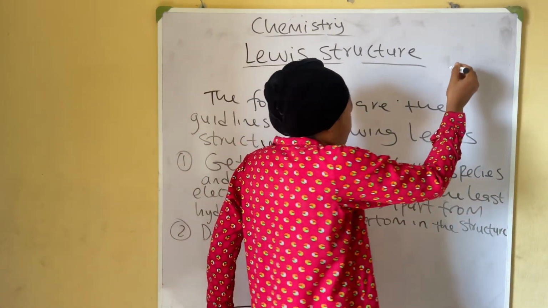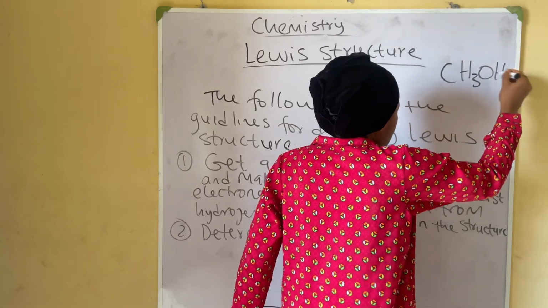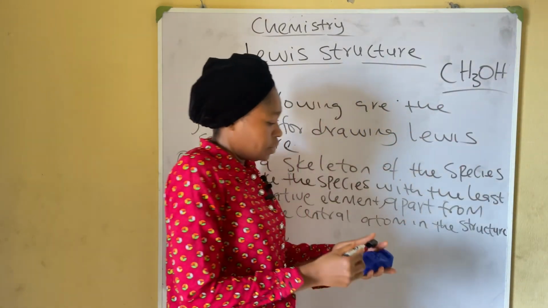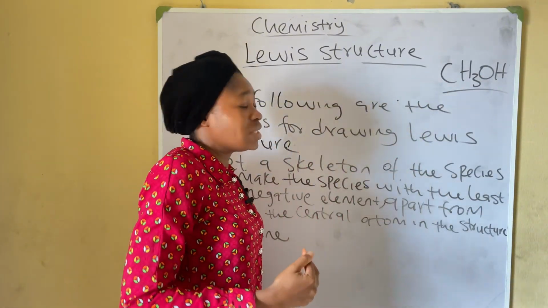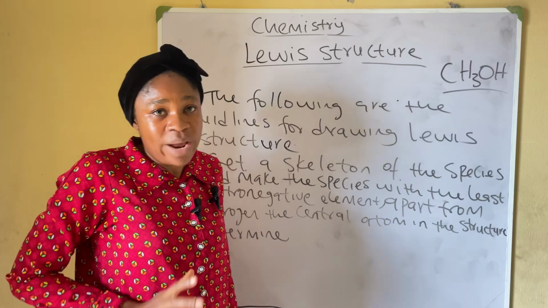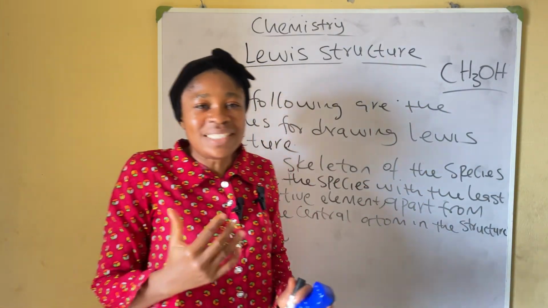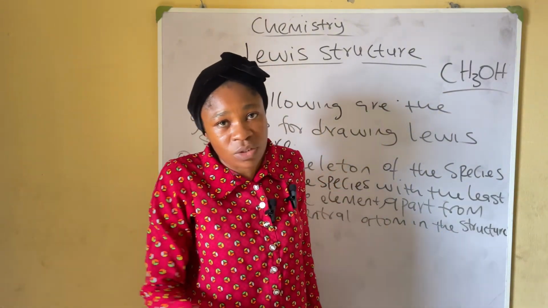Let's take for instance, you have something like this. You want to draw the Lewis structure of this. Apart from hydrogen, you have carbon and oxygen. Which of them is least electronegative apart from hydrogen? It is carbon. Remember in the periodic table, electronegativity increases across the period.